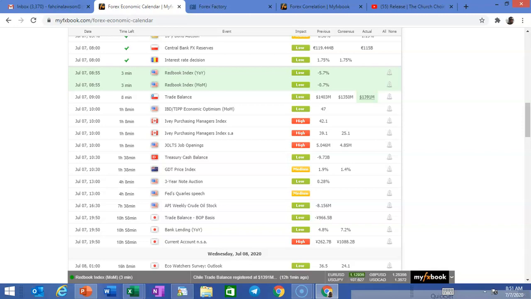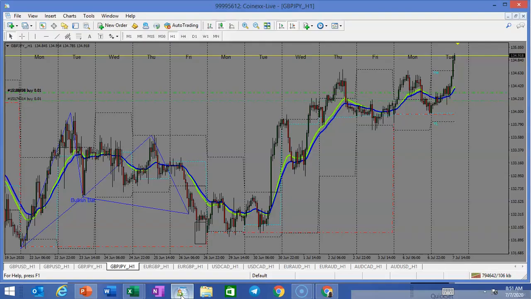We'll see. All right, well, let's get to our pair. We are in GJ. Remember, we are trading our weekly open, daily open, previous high, low strategy.